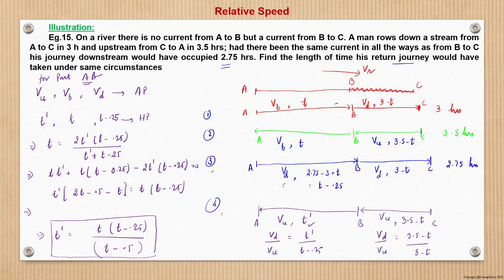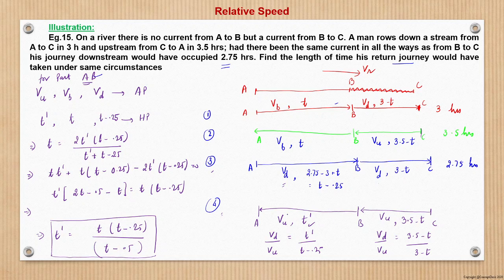So from the first and the third scenario, in the first scenario the BC distance was covered at a speed of VD in 3 minus T. So here also the BC distance at speed VD will be covered in 3 minus T. What remains here is 2.75 minus 3 plus T, which is T minus 0.25. Now in the fourth case, which is upstream, from C to B, VU. So BC, we know from the second case, upstream, is covered in 3.5 minus T.